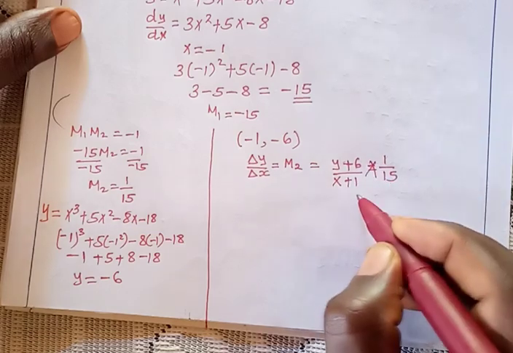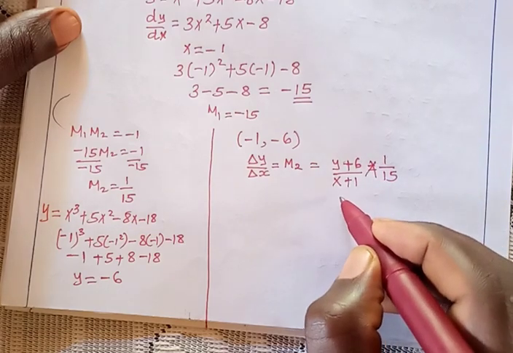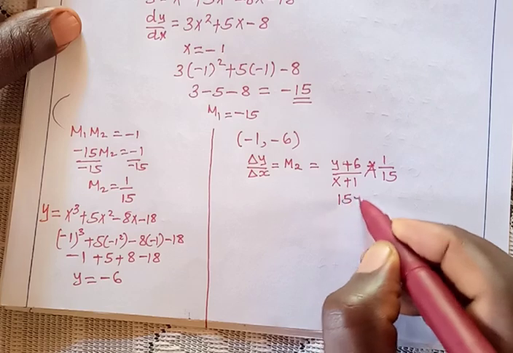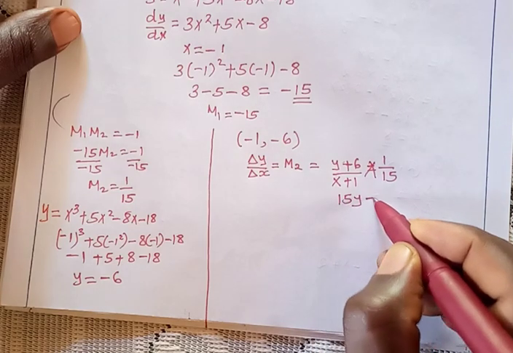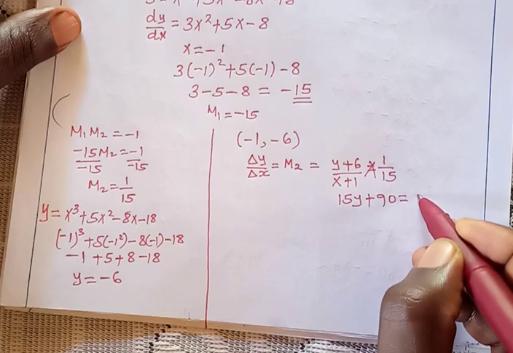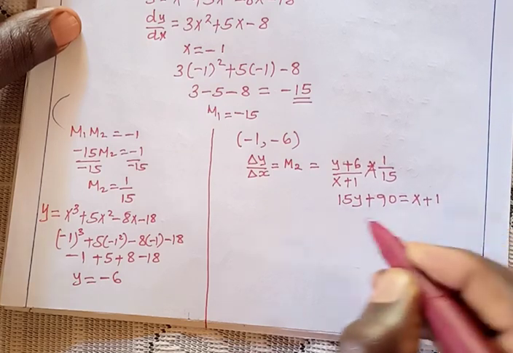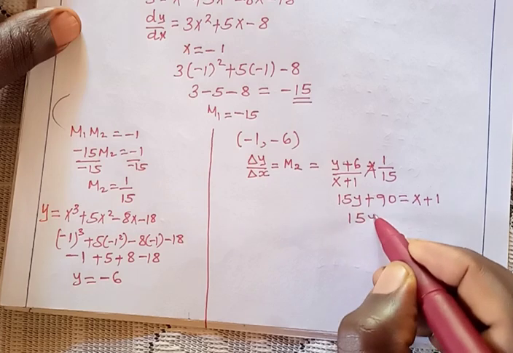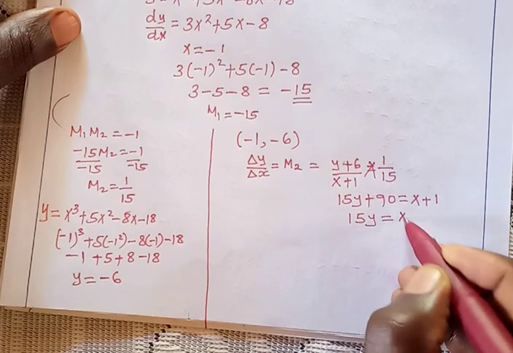We cross multiply, we will have 15y plus 90 is equal to x plus 1. Put like terms together, 15y is equal to x.